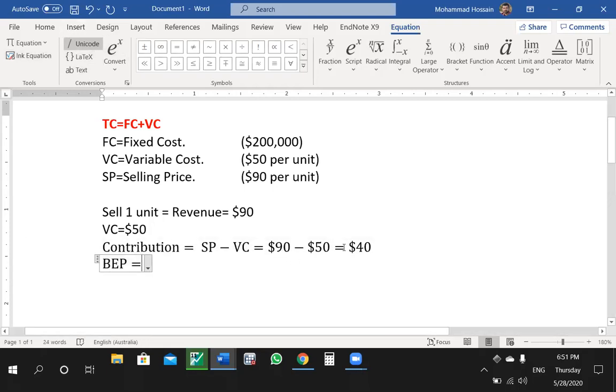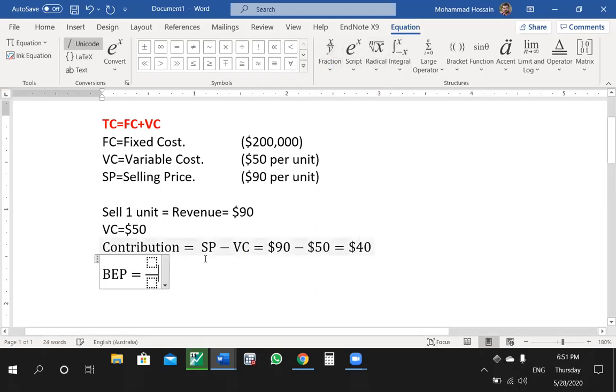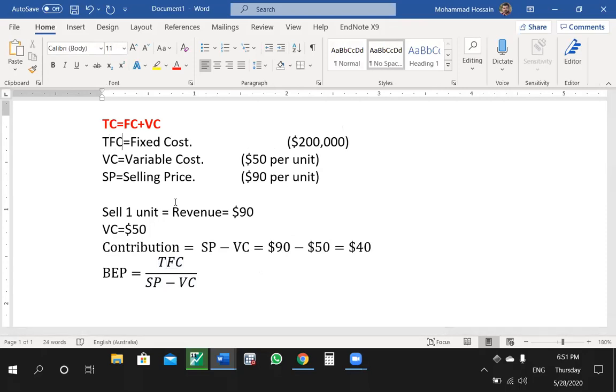Break-even point is equal to fixed cost divided by selling price minus variable cost. Remember one thing here, guys. The top one is total fixed cost. Let's write it down here.